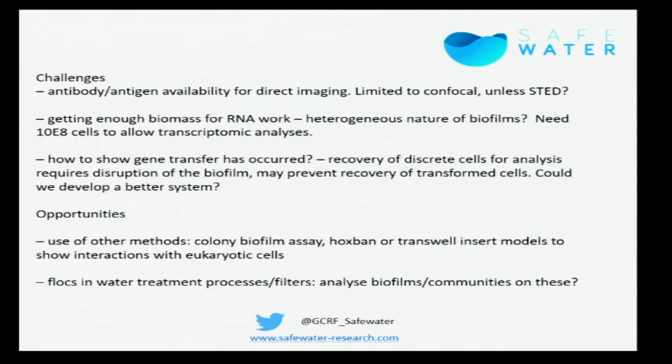And I suppose those are the three main challenges. There are many more, but three to start with, I think, is enough to get on with. And in terms of opportunities, there are other ways of growing biofilms. We can use the so-called colony biofilm assay, which is very good for looking at antimicrobial resistance and susceptibility in biofilms.